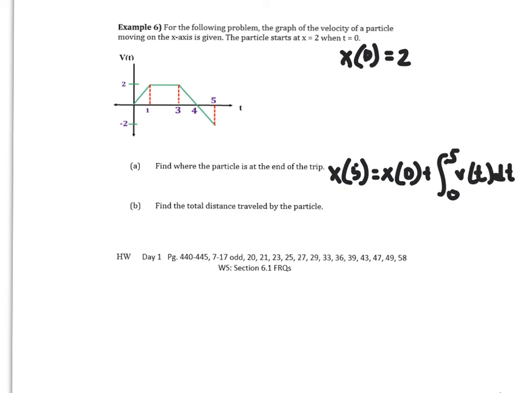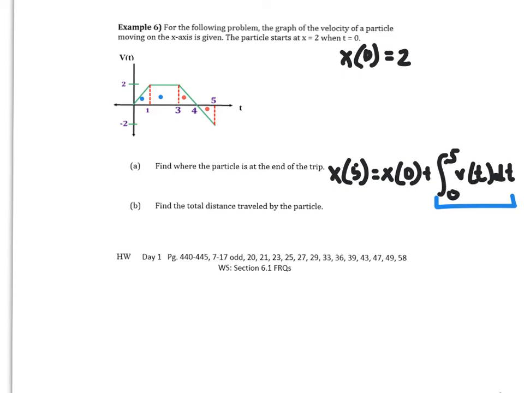Now I don't have a function assigned to this, so I can just use the area under the curve from 0 to 5. Notice that these two values here and here will negate each other, so they're just canceling each other out. It's traveling right and then traveling left the same amount. So I'm just going to find the area of this triangle and that rectangle, and that will give me the total distance traveled.